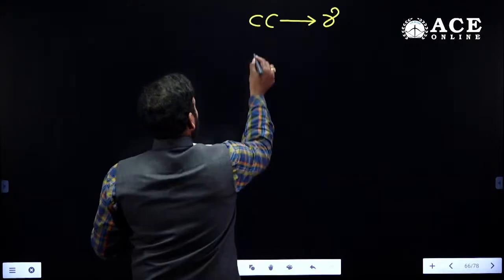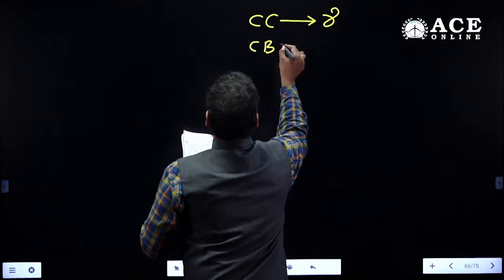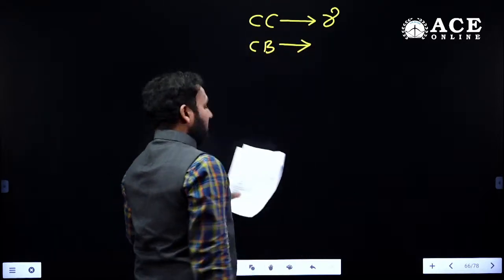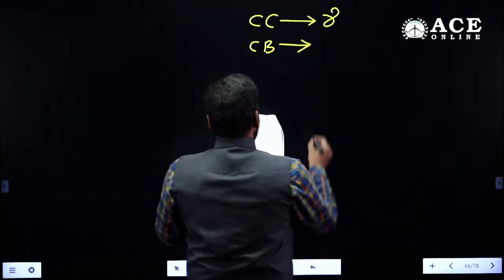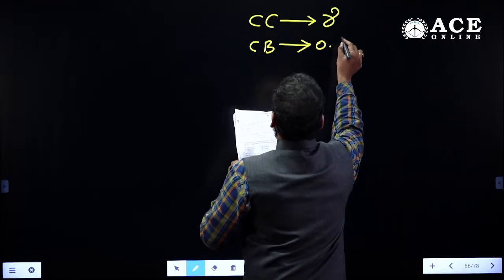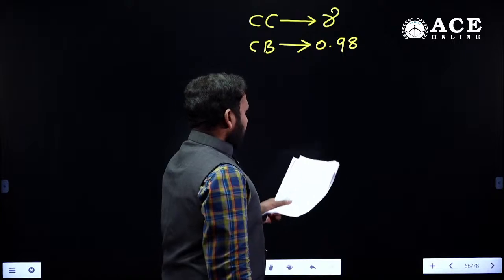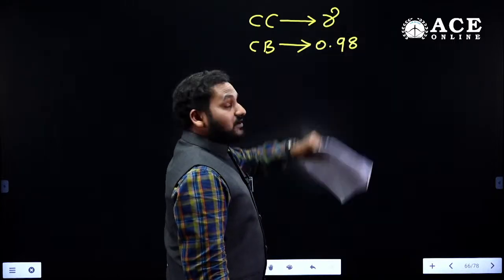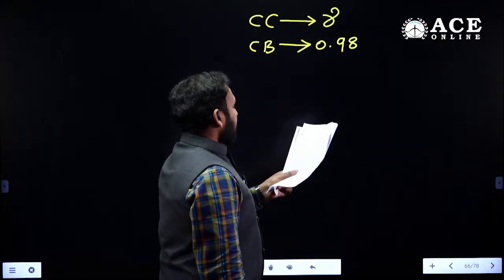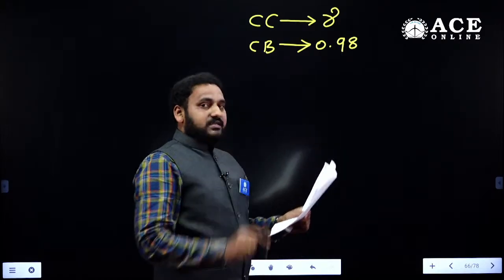He has given the current gain of the transistor in common base. In common base, the current gain value is given as 0.98. So he is asking about gamma, and that is also not given clearly here.